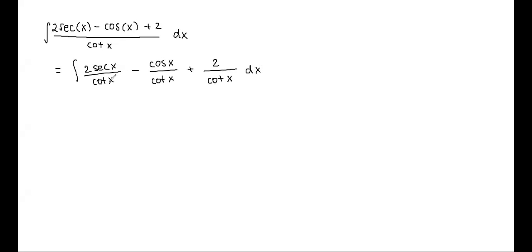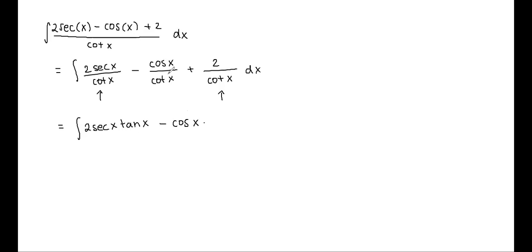Now, we know that dividing by cotangent of x is the same as multiplying by tangent of x, which is going to come in really handy here. So the first term becomes 2 times secant of x times tangent of x. That already looks like a derivative that we know. For the second term, I have cosine of x multiplied by tangent of x, but cosine of x times tangent of x is not something for which we know the antiderivative.